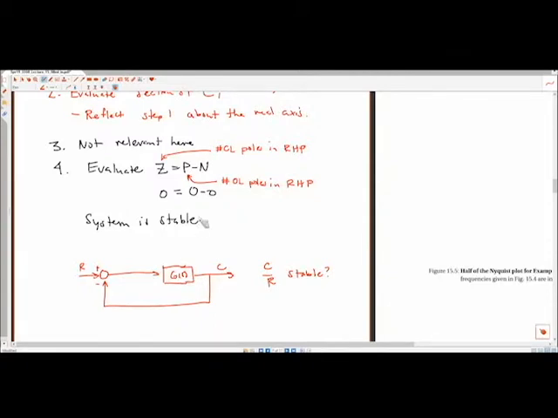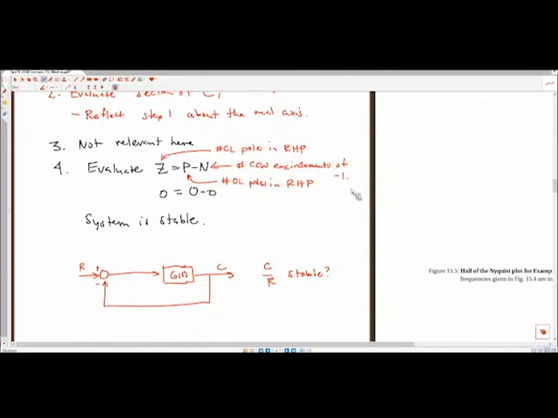Closed loop poles are the poles of C over R. So the number of closed loop poles in the right half plane is going to be a function of the number of open loop poles in the right half plane, and also the number of counterclockwise encirclements of -1 of the Nyquist plot.